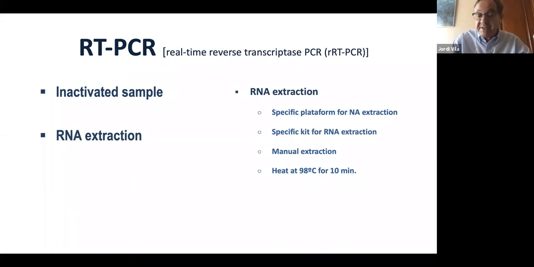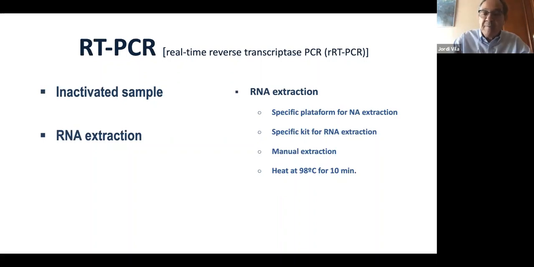Of course, there are specific kits applied to each one of these platforms to extract the genome. We can also use manual extraction. This is more cumbersome because you need centrifugation, incubation, and so on. But if you do not have these automatic platforms, you can use manual extraction.